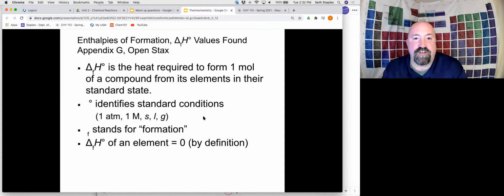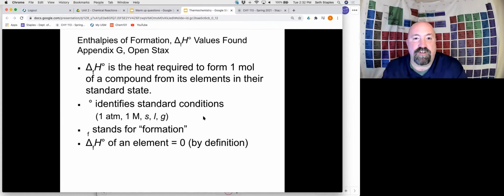For NaCl, when it forms as a solid, it's going to come together from sodium, which would be a solid at standard conditions, and chlorine, remember, is Cl2. It's a diatomic. Chlorine gas under standard conditions forms NaCl.